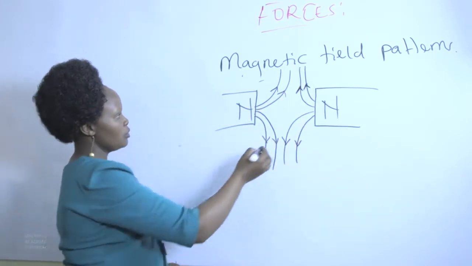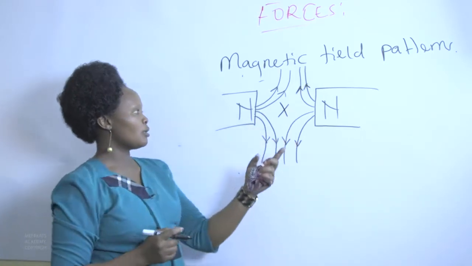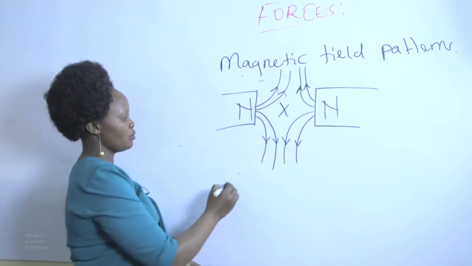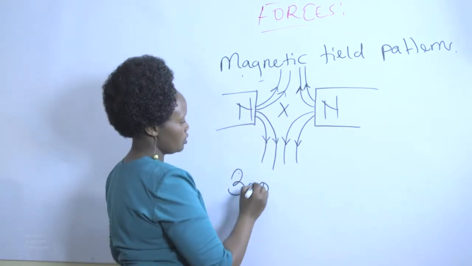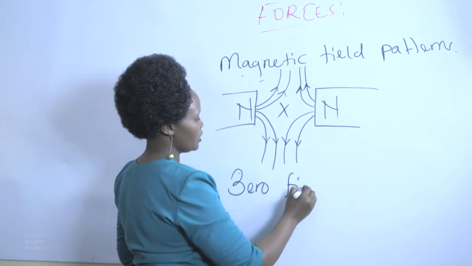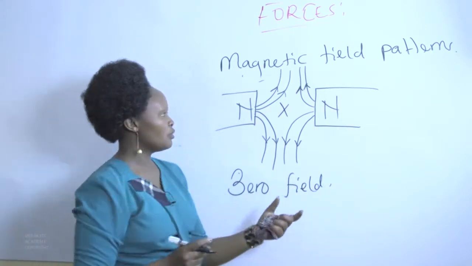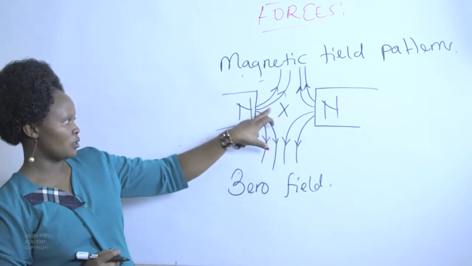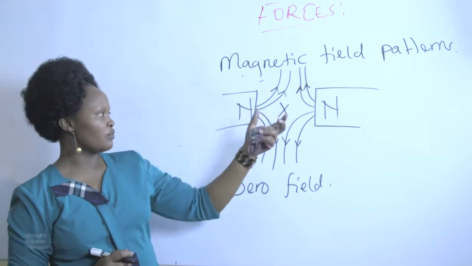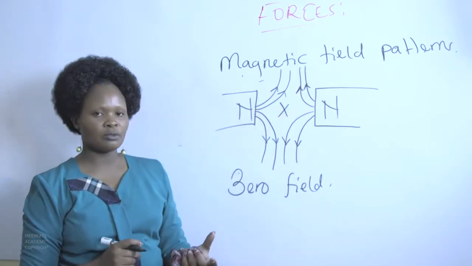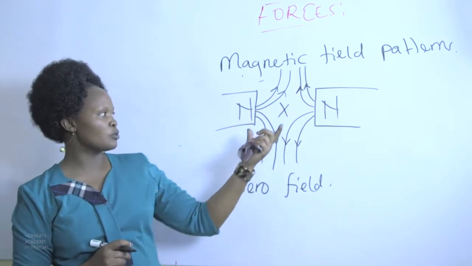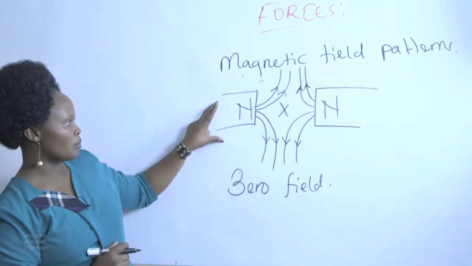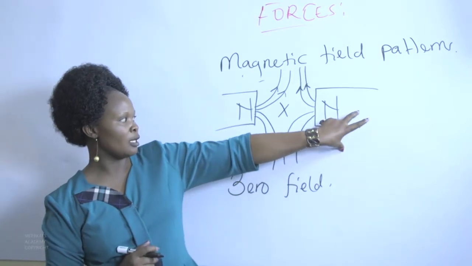So around this region that I'm going to mark X, there will be zero field. If you look at our diagram, no line crosses this region. That means whatever you place at this region that we are marking X is not going to experience the magnetic force that results from this magnet or even the other magnet.